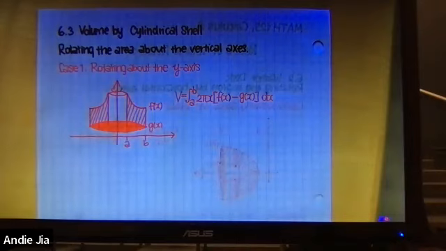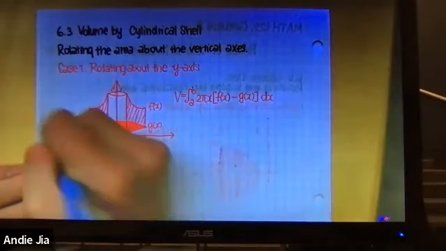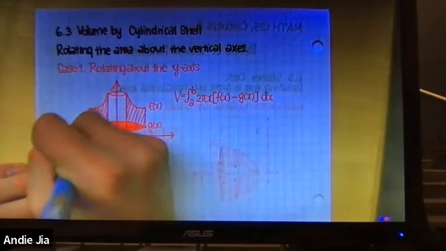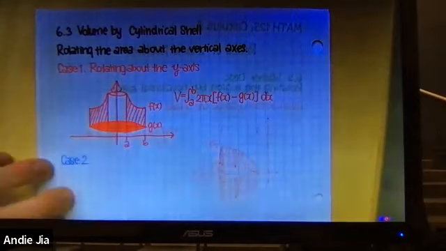In case 2, it is more complicated, but doable. Let's do another, just introducing the concept here. I'll get to the example later after this.